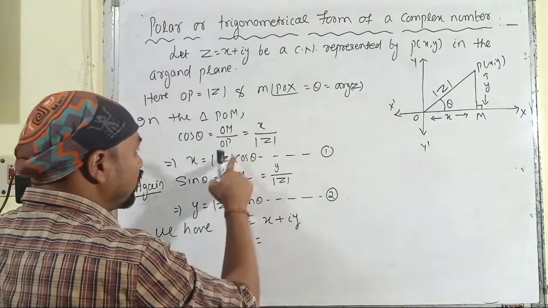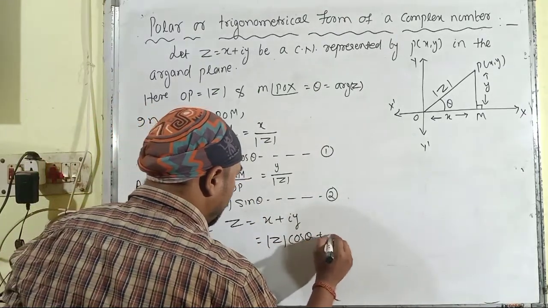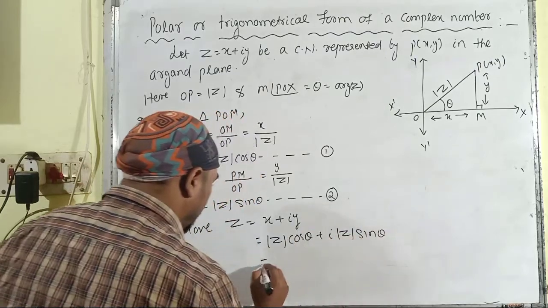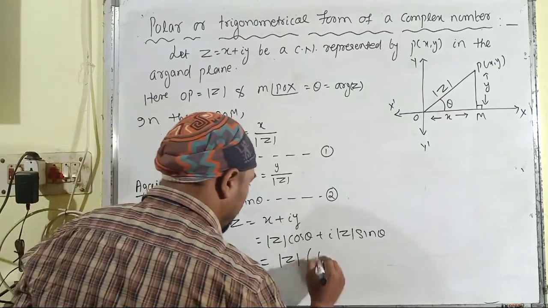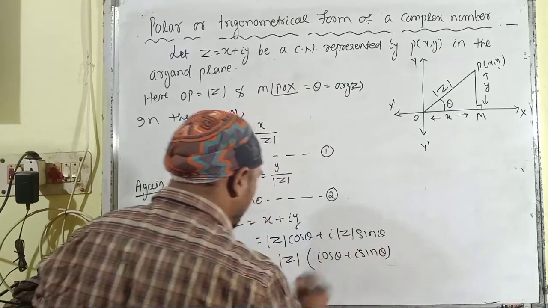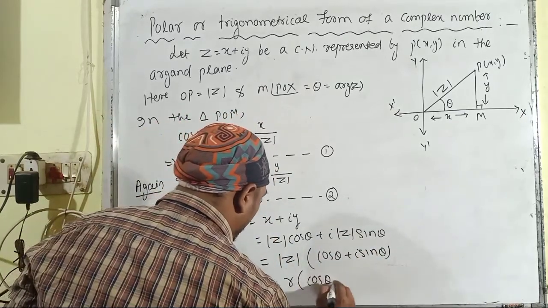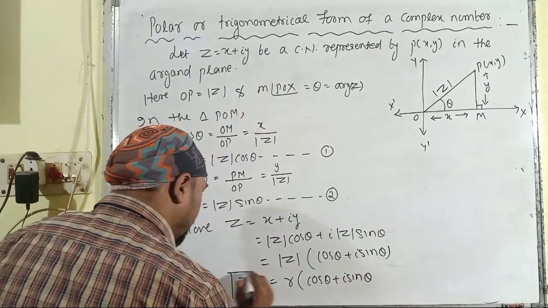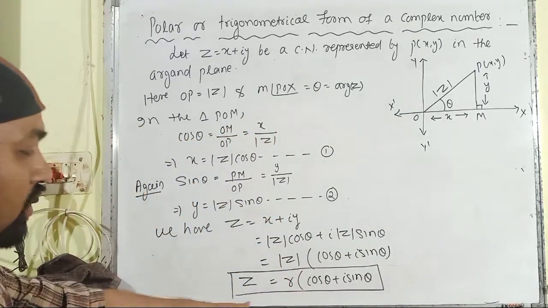In place of x and y we use |z| cos theta + i |z| sin theta. Then taking |z| common, cos theta + i sin theta, and this is equal to r (cos theta + i sin theta), and this is called the polar form of a complex number.